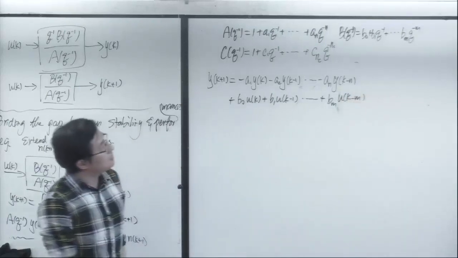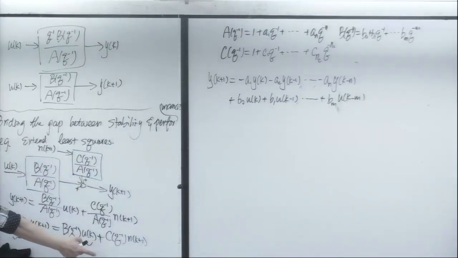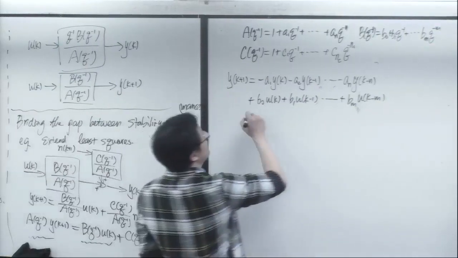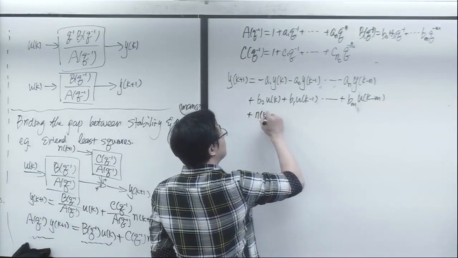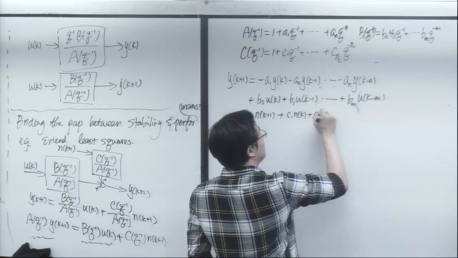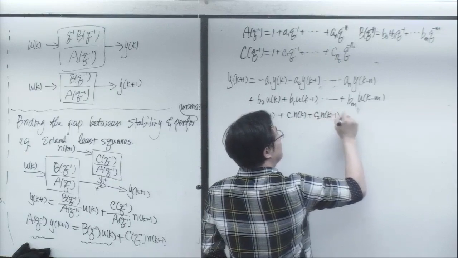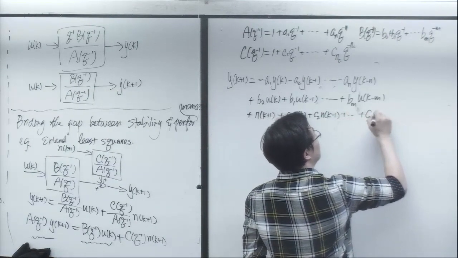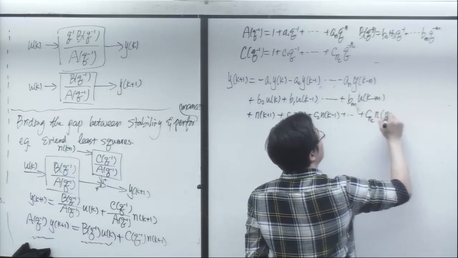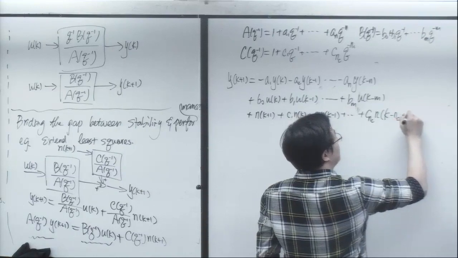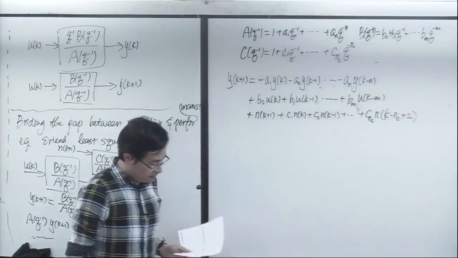Then the last term is going to be the noise term. It's going to be C operating on this white noise. So it's n k plus 1, C1 n k, C2, up to C N C, n k minus n c plus 1.